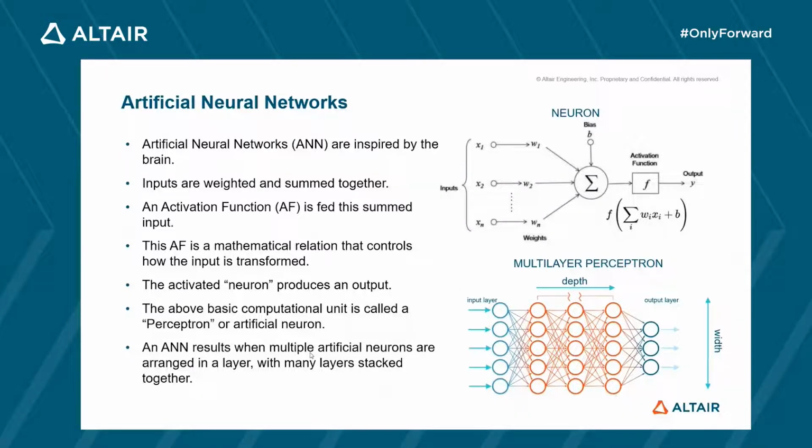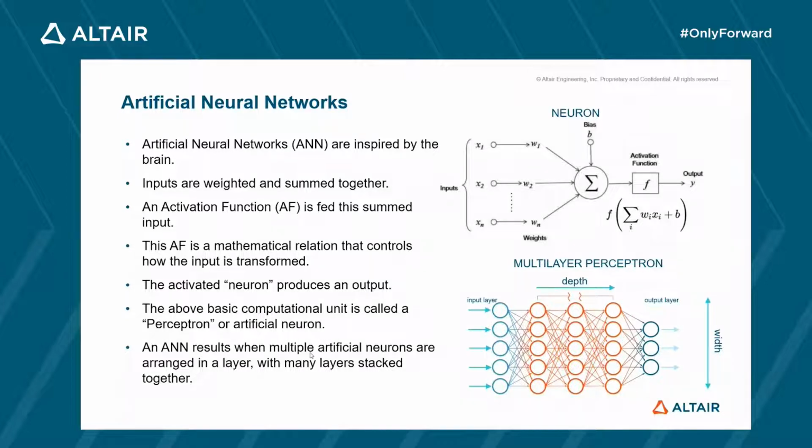And what happens here is inputs are weighted and summed together, and then they are fed to what is called an activation function. This activation function is simply a mathematical relation that controls how the summation of the inputs is transformed. So the activated neuron produces this output. This basic computational unit is what we call a perceptron or artificial neuron.